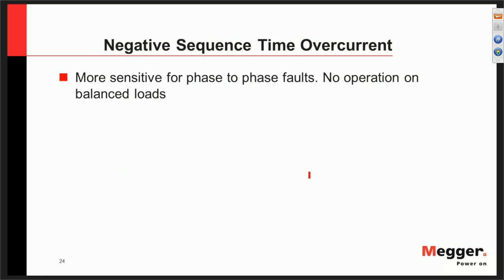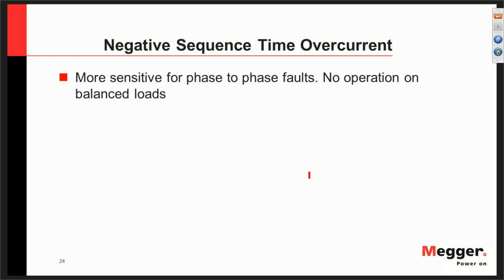Another example, let's talk about negative sequence time overcurrent. We all have seen the normal phase time overcurrent curves and how they are being applied to protect a system from overcurrent conditions. But now we can see the concept of negative sequence, since we know what exactly they are.